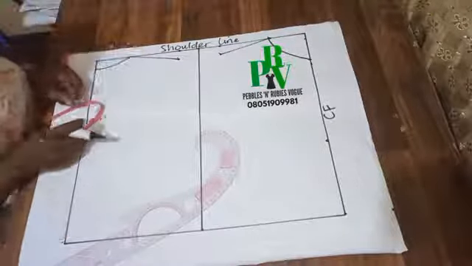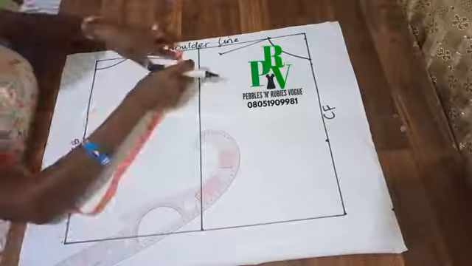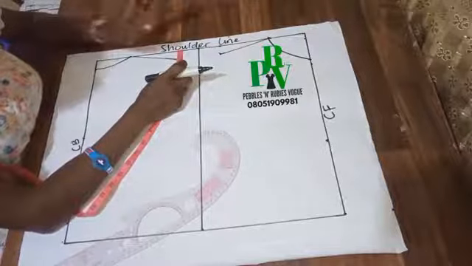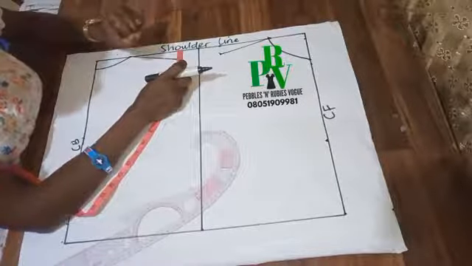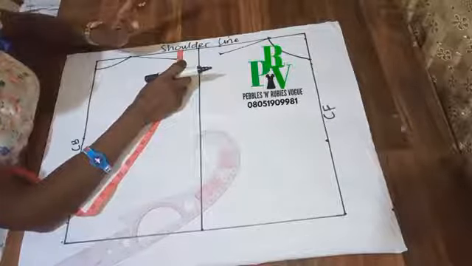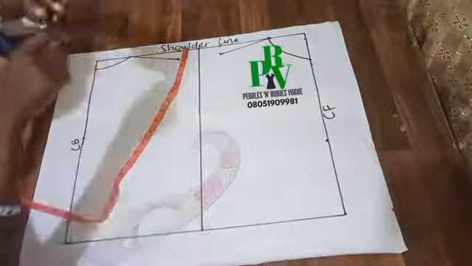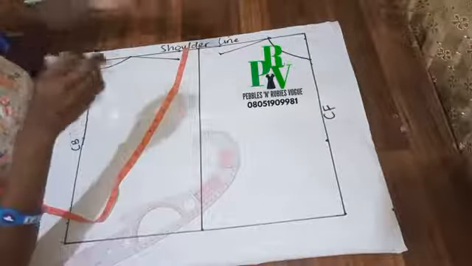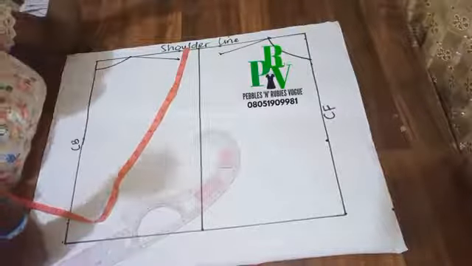All right, and then the length of the armhole is determined by taking the bust circumference, the best way. It's not the only method of determining the armhole length. It's the bust circumference divided by 6, then plus 1.5.